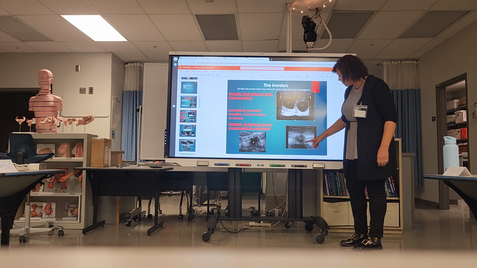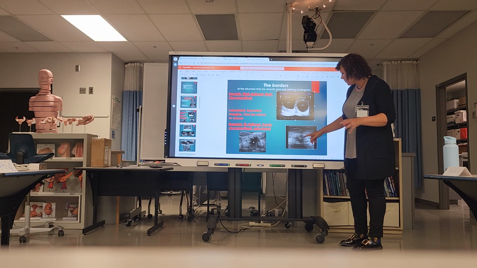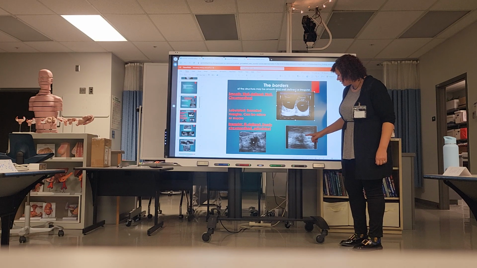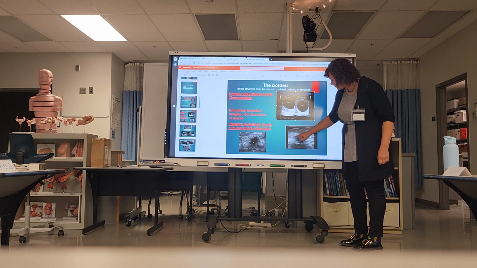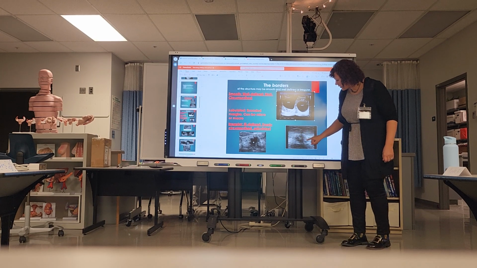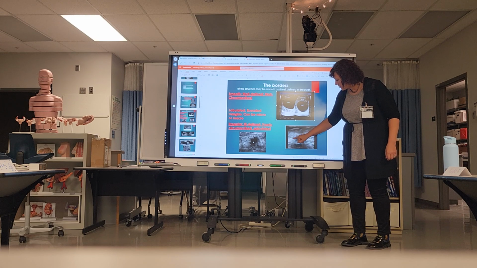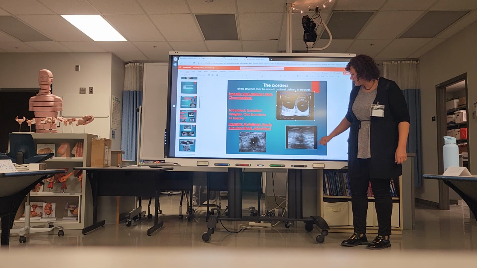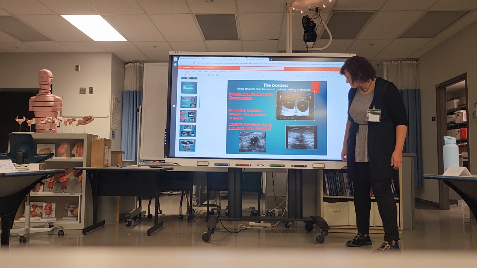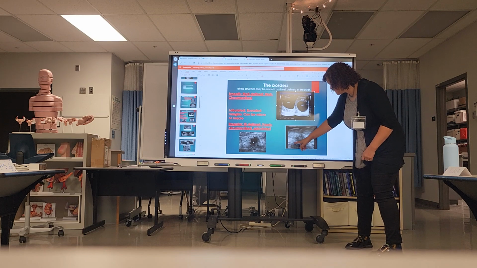For this mass right here, you could use hypoechoic or heterogeneous. It's mostly hypoechoic, but you do have some lighter areas within this mass, so it's okay to call it heterogeneous. Is that shadowing under? So this is the chest wall.